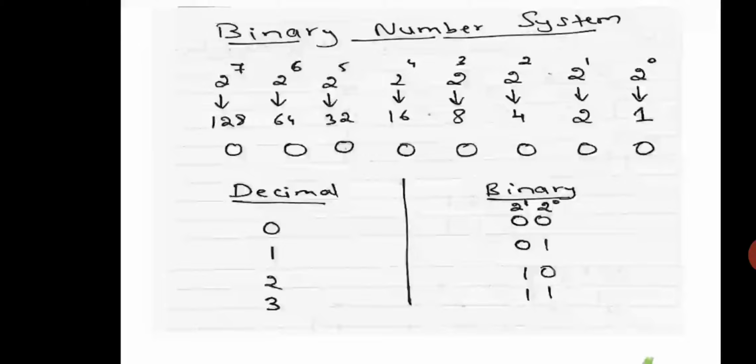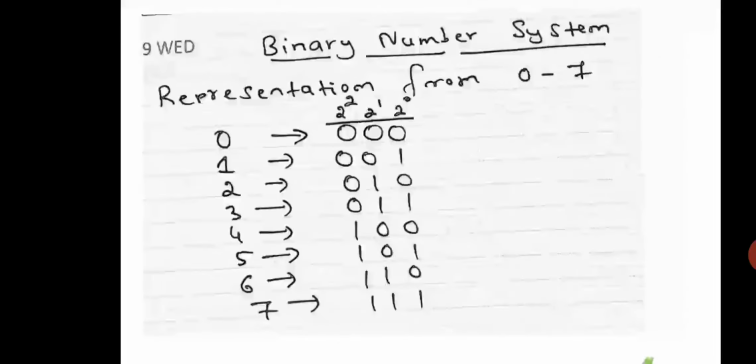After adding these 3 positions, you get the value 7, isn't it? 4 plus 2 plus 1. Concentrate on the right hand side. If you want 4, put 1 below that. If you want 2, put 1 below that. If you want 1, put 1 below that. Then after adding all those values, you get 7. That is what I represented over here.